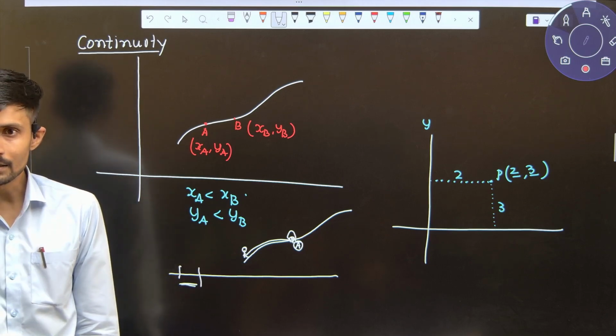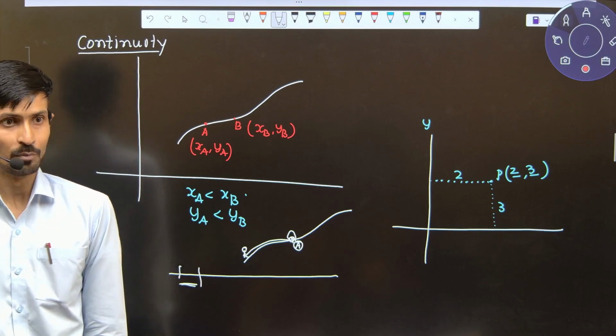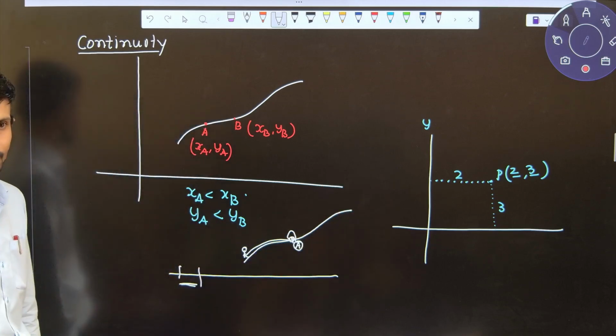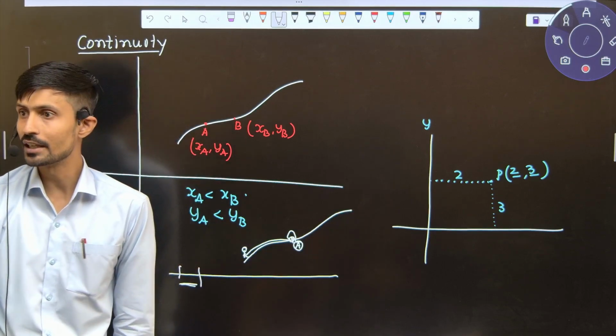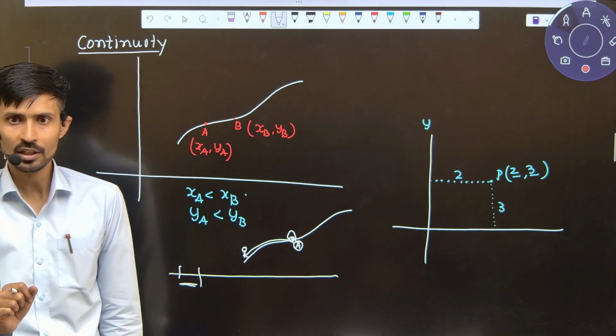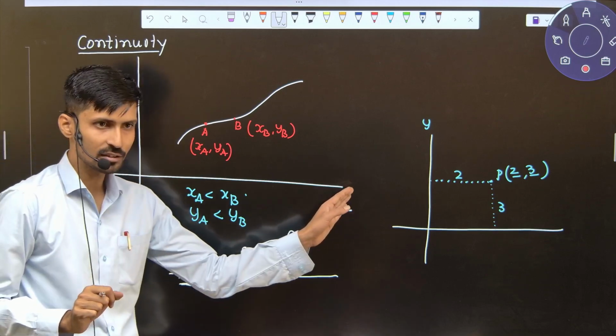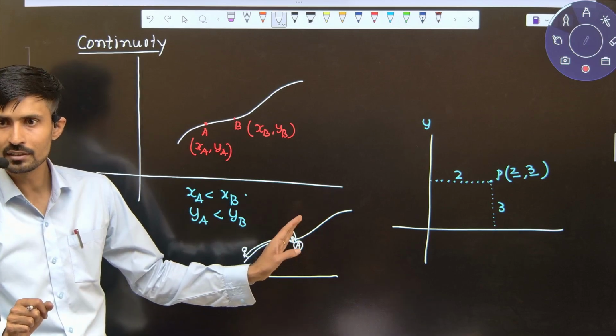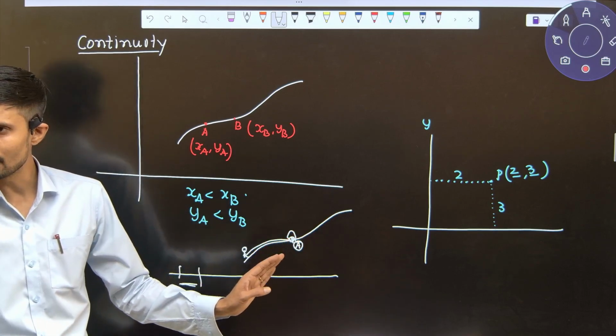So we are going to learn discontinuity at a single point, because you cannot learn discontinuity throughout the curve. So we learn discontinuity and continuity at one point. If some function is given, each function has some graph.